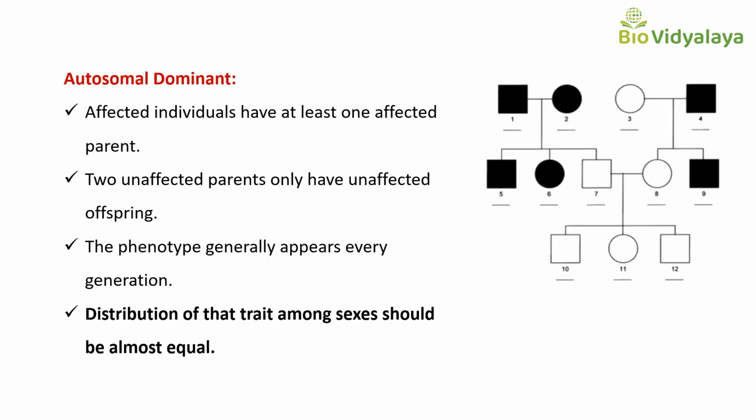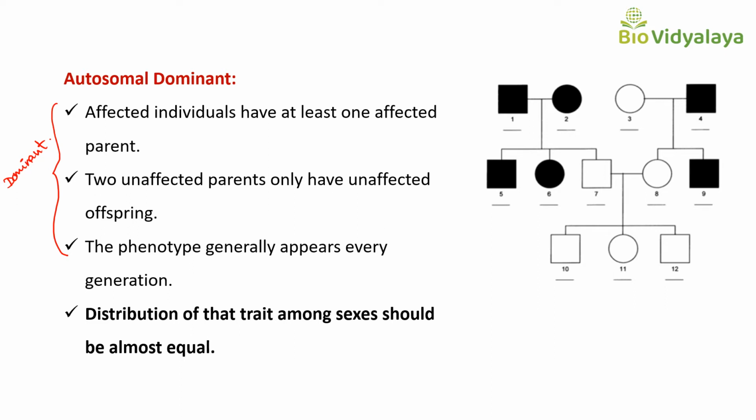So let's see how to identify an autosomal dominant pedigree. These first three conditions are specific for a dominant pedigree, and the fourth point is specific for autosomal dominant.